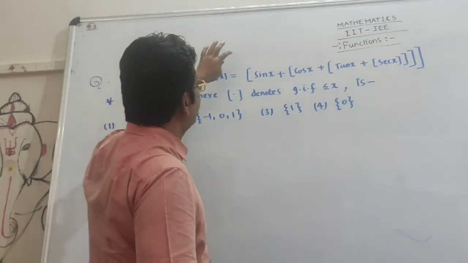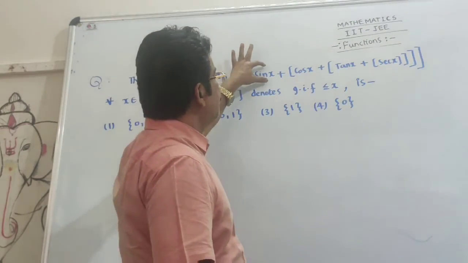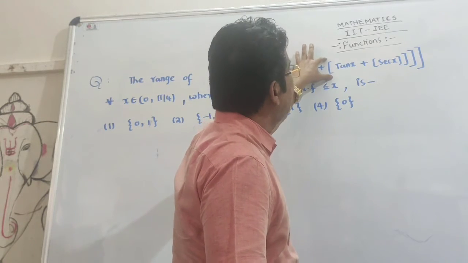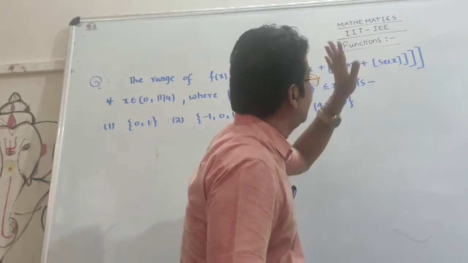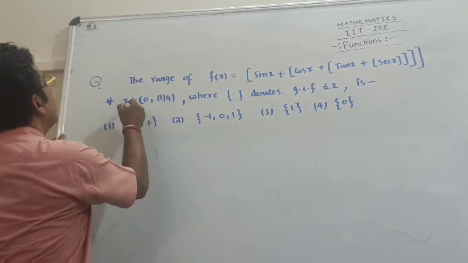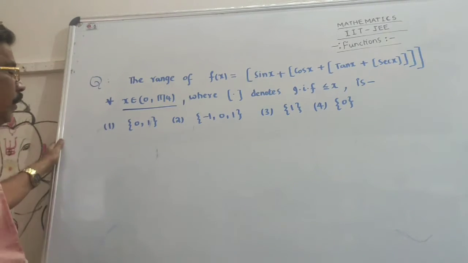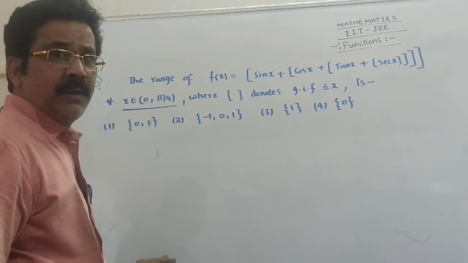Next problem. Find the range of f of x equal to box of sin x plus box of cos x plus box of tan x plus box of secant x, where x belongs to the open interval 0, pi by 4. These are the four given options.